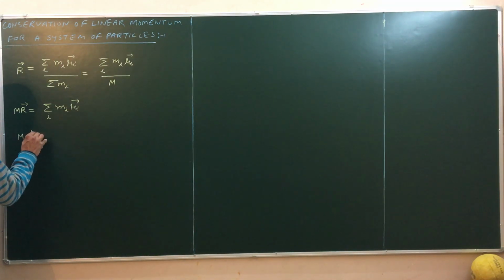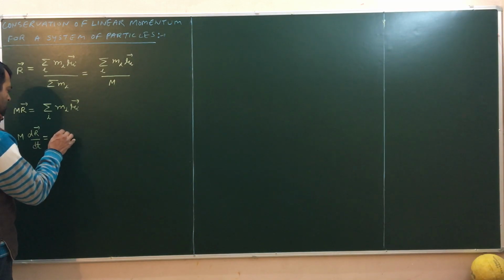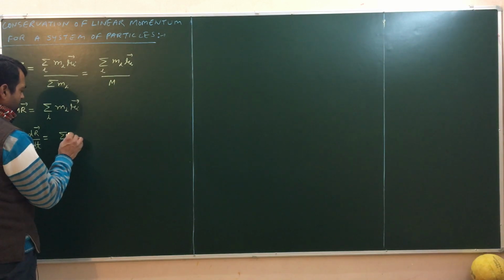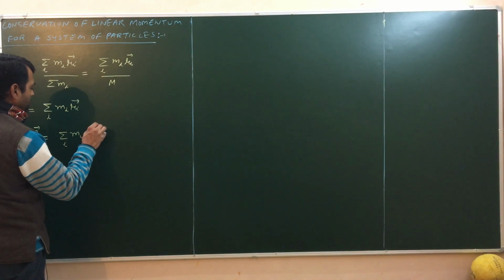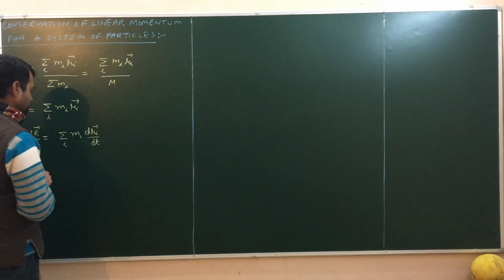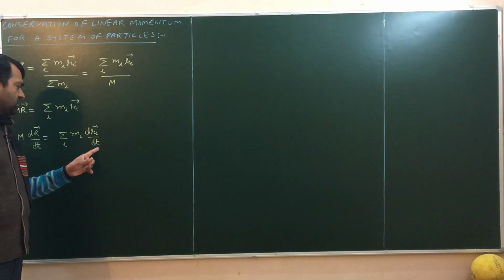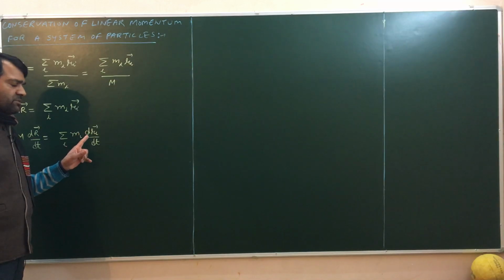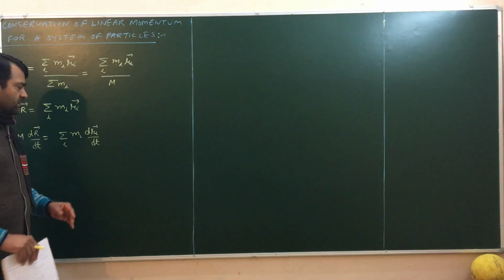So dR by dt equals, again dear student, sigma i mi is considered to be constant, mi dri by dt. Students, this dri by dt is the rate of change of position vector of the ith particle with time. It is nothing but the velocity.